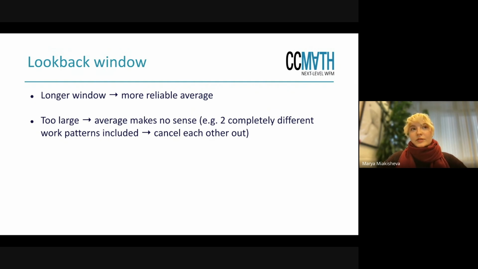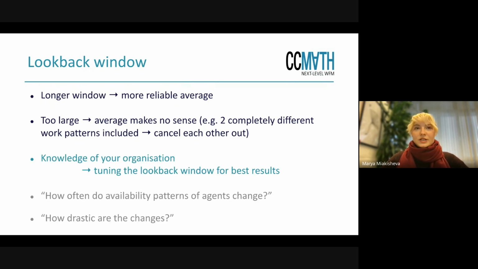However, if you take the window too large, and for example, Mark used to work a lot on Mondays and Tuesdays in, let's say, autumn, and now it's winter and he works mostly on Fridays, then the averages will make no sense. So it's really important to understand the structure of your organization, and the questions you can ask is, how often do availability patterns of agents change? How drastic are the changes, etc.